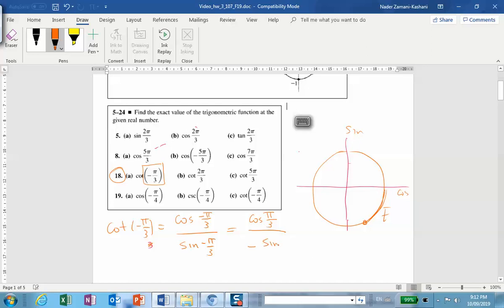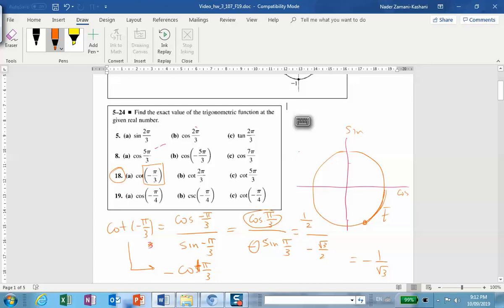We already know that this is 1/2. And there's a minus sign down here. And this is root 3 over 2. So this is minus 1 over root 3. Okay? Another way to say that is cotangent is an odd function. So this is minus cotangent of pi over 3, and therefore you just follow exactly the same thing.